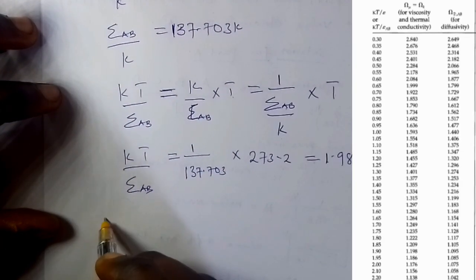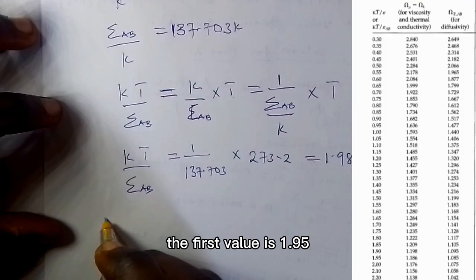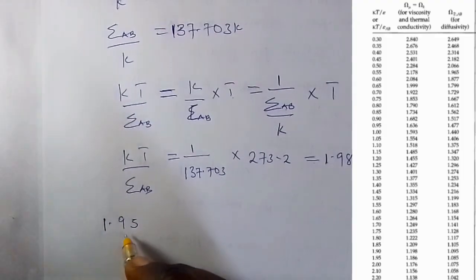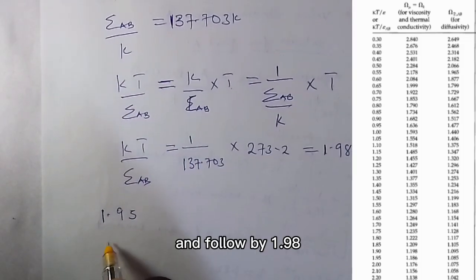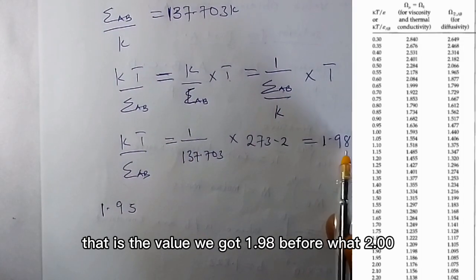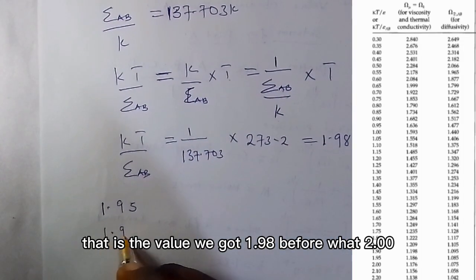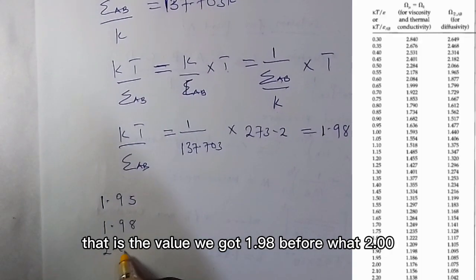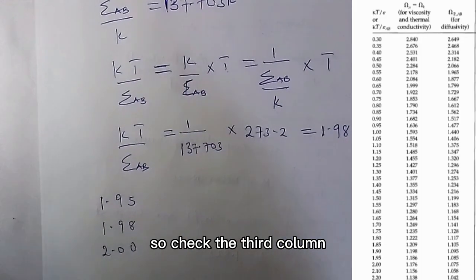That is, the first value is 1.95, followed by 1.98. That's the value we got, 1.98, before 2.00. So check the third column.